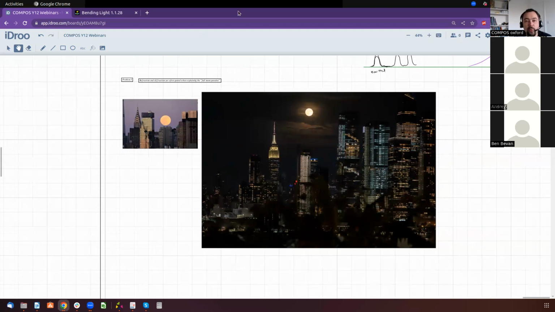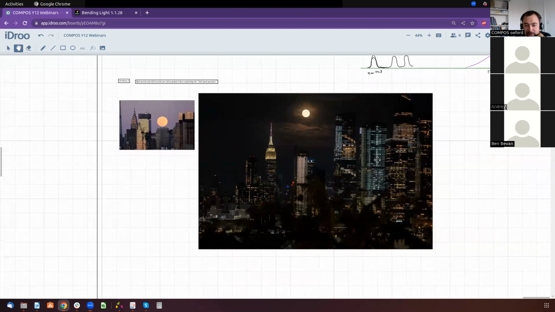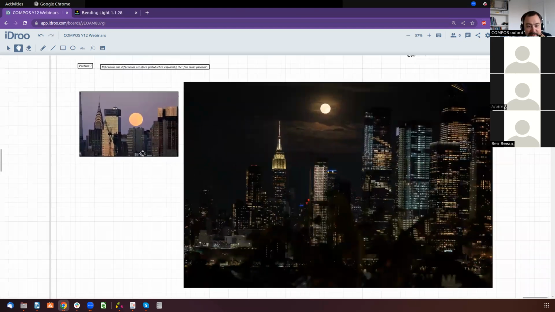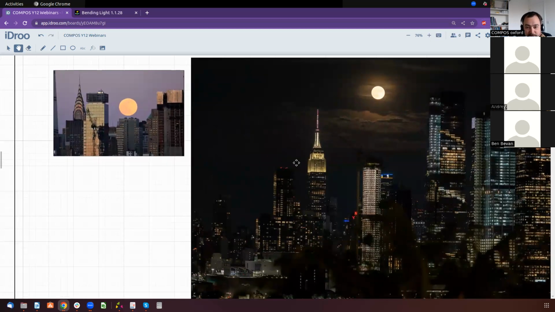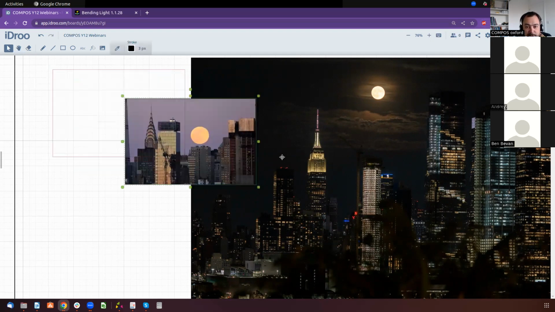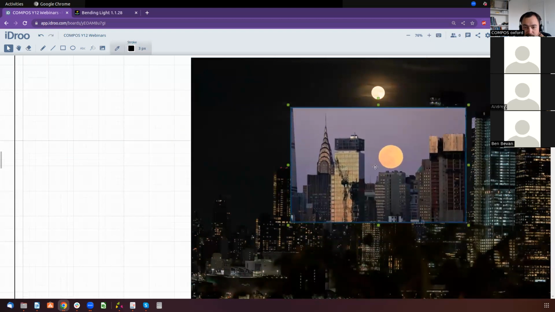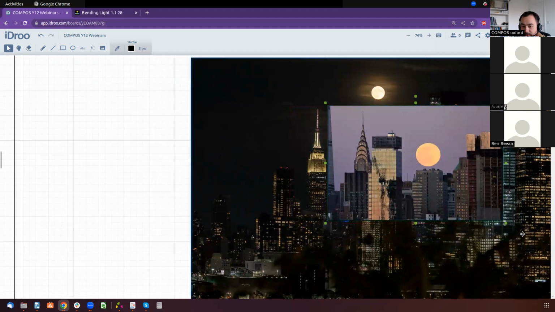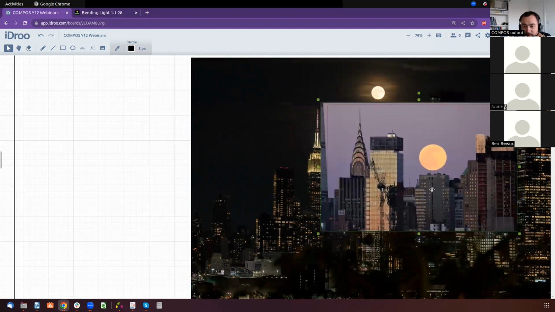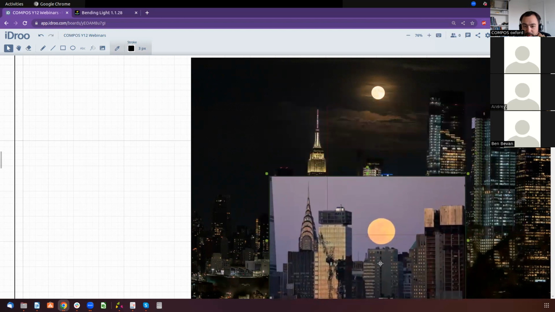And does anyone know why? Does anyone know why it looks so huge? I've attached two pictures. I've tried to make it so that this building, which looks like the Empire State Building, it might not be, but I tried to make the scale approximately the same. So you can see the scale of this building. Actually, these two buildings are roughly the same scale, but you can see that the moon looks much more massive.